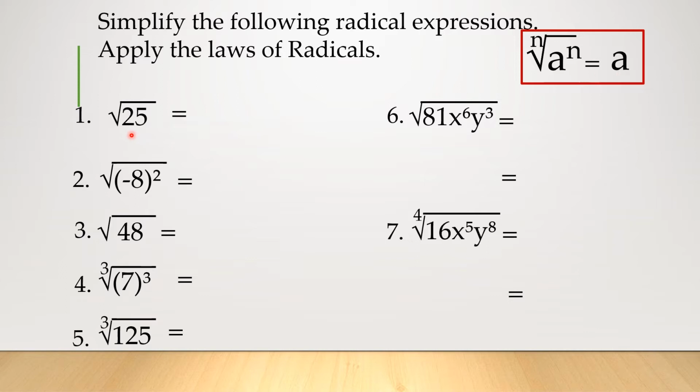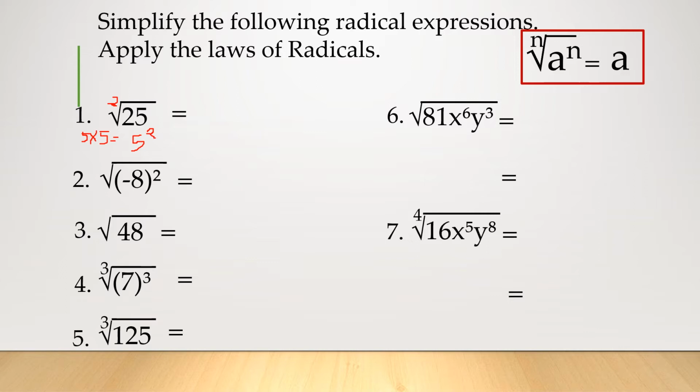So now here, what is the square root of 25? It means, what is that number if we are going to raise it to 2? We know that the index here, if it's a square root, is 2. Or what number, multiplied by itself 2 times, as indicated by the index, is equal to 25? That is 5, right?